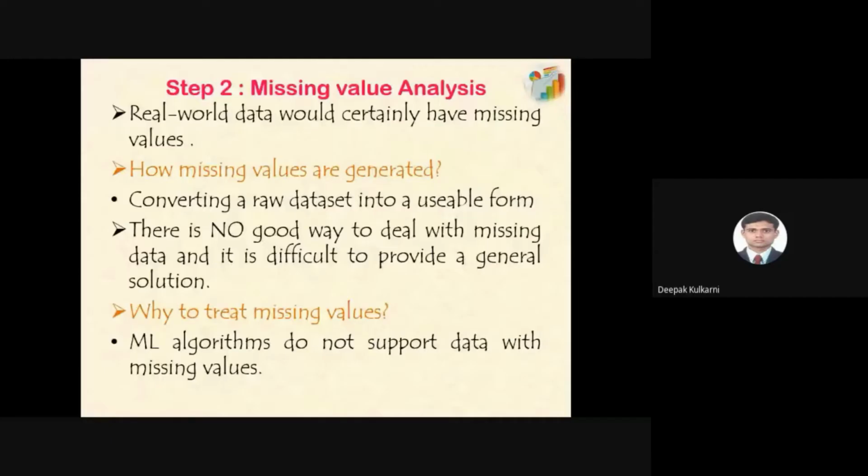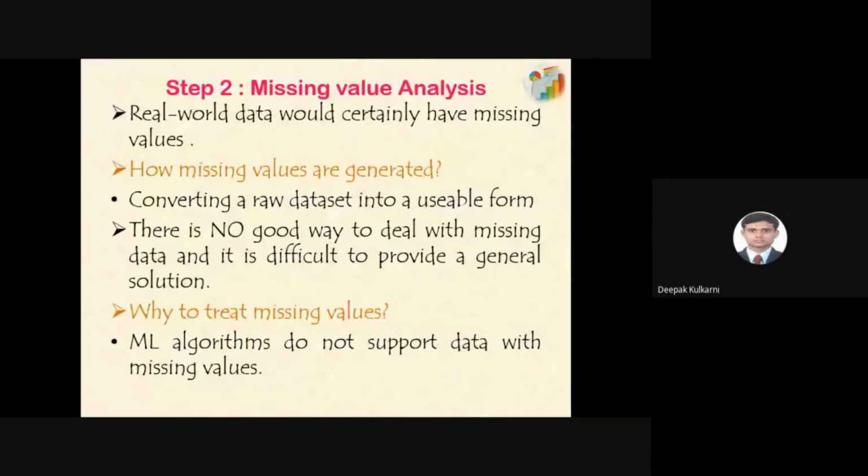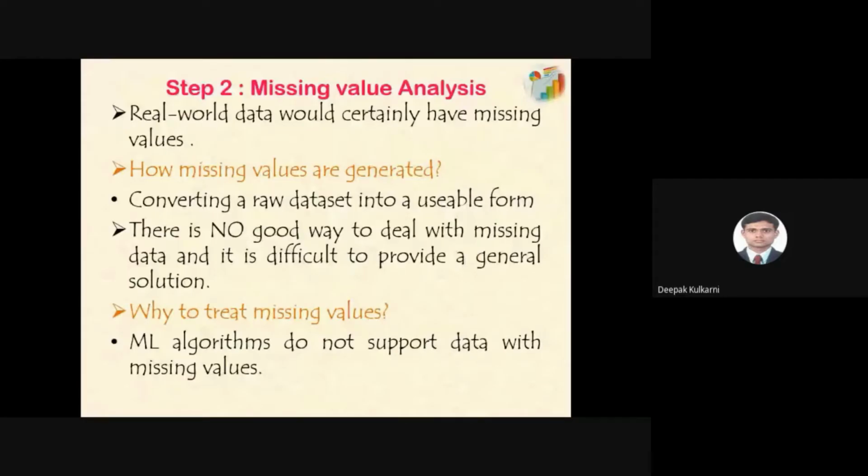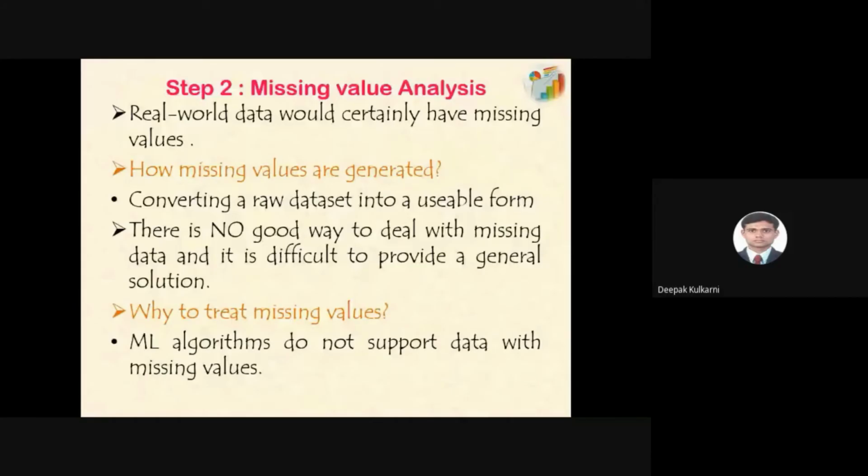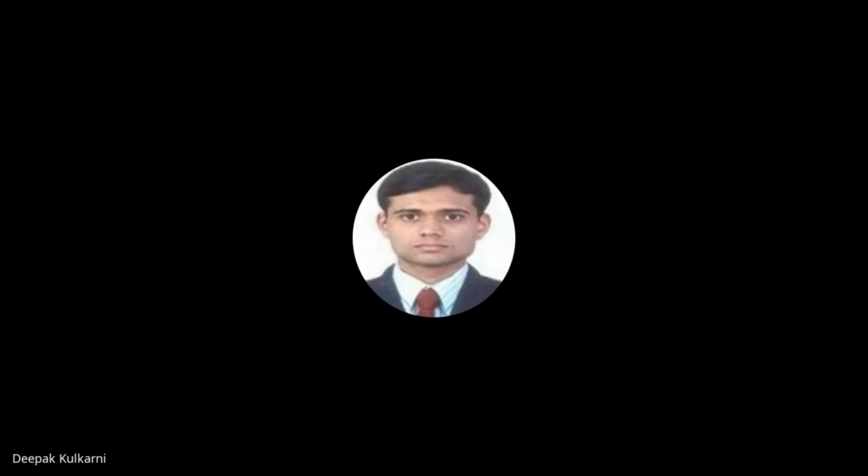Now, what is the danger caused by missing values? We call it treating of missing values. The very important thing is that machine learning algorithms do not support data with missing values. Whatever missing value is present is treated as NaN, not a number, and we will end up with a model which gives not so good answers.